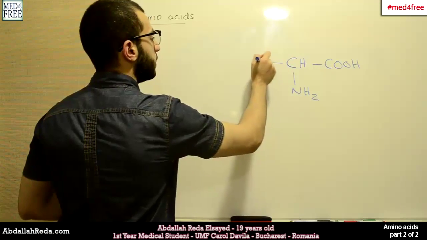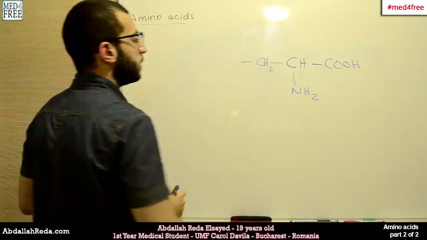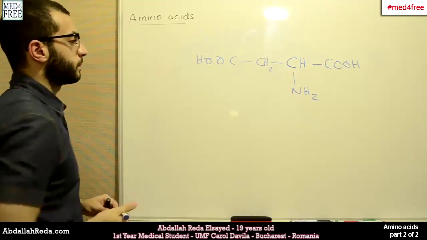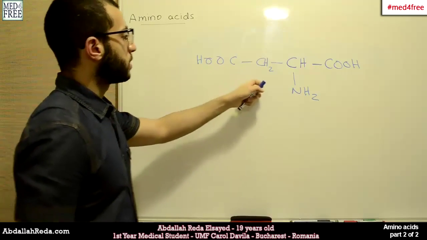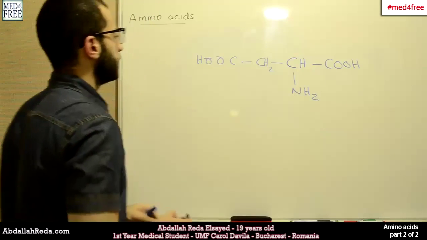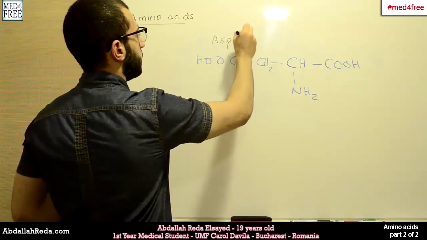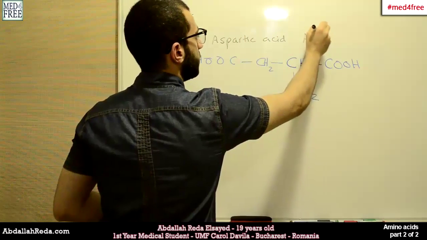And then here we have a CH2. And then we have another carboxyl group. So this amino acid is called aspartic acid, ASP.